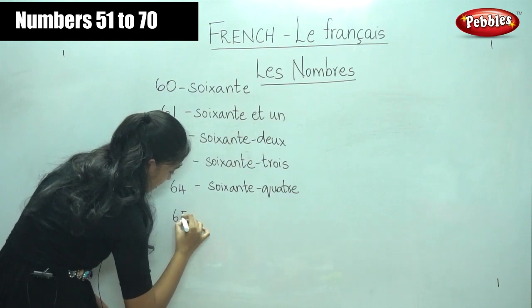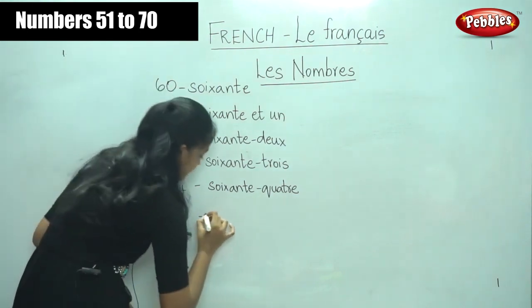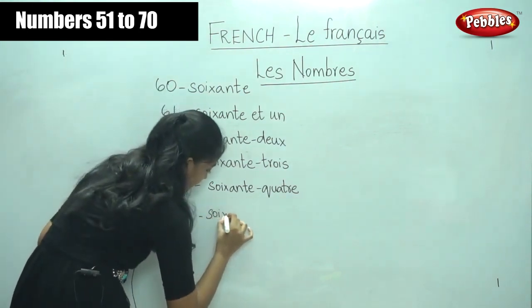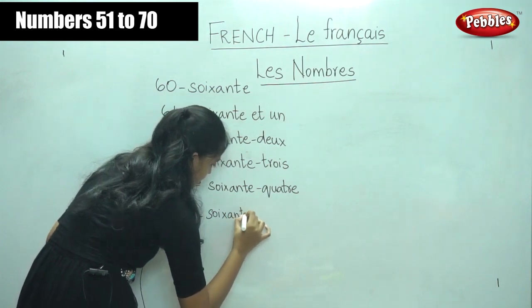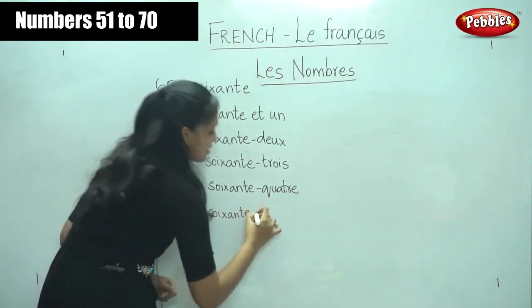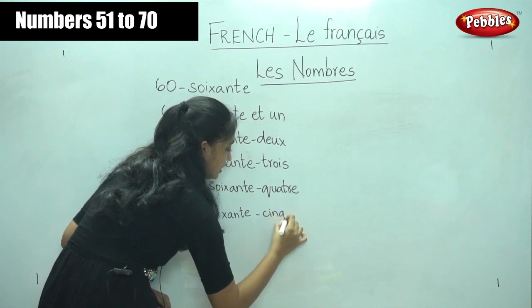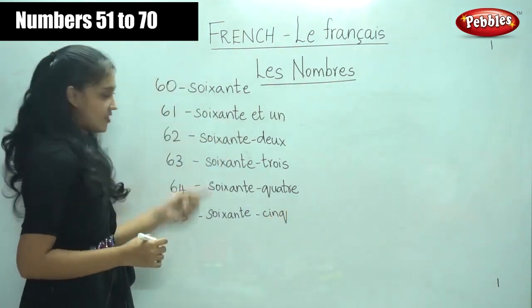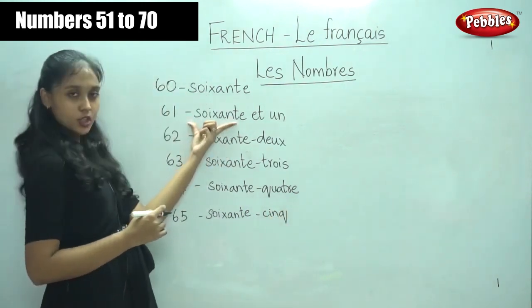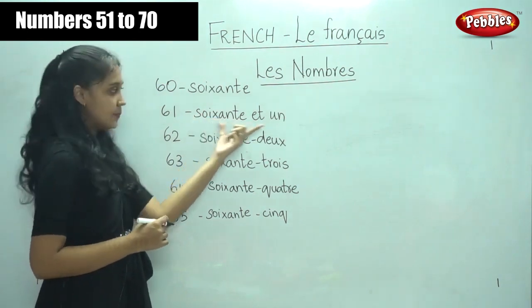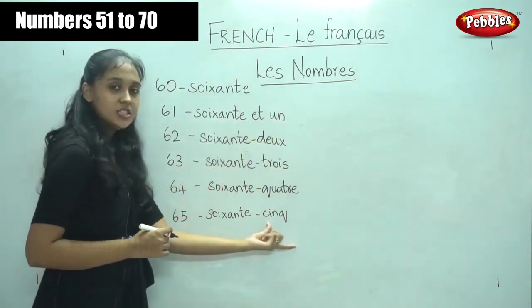Next, for number 65, it is 65. Very good. So, it is very easy. You just have to know the word for number 60 and numbers 1 to 9.